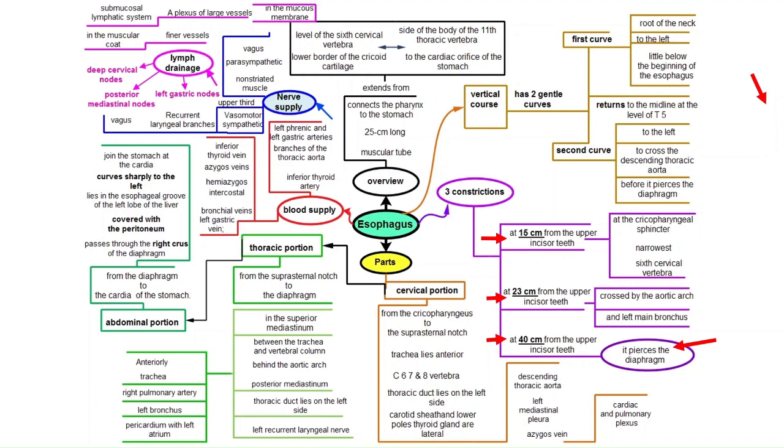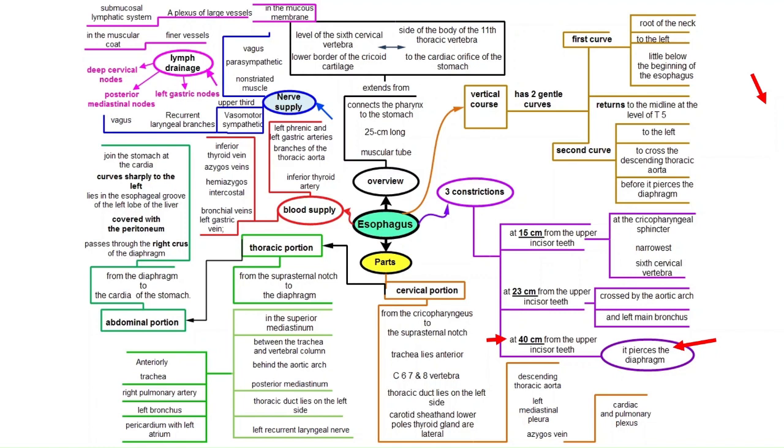And the esophagus will have another gentle curve, but it returns to the midline at the level of T5, and then it will curve to the left to cross the descending thoracic aorta before it pierces the diaphragm.